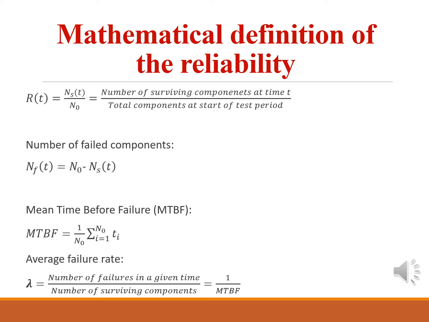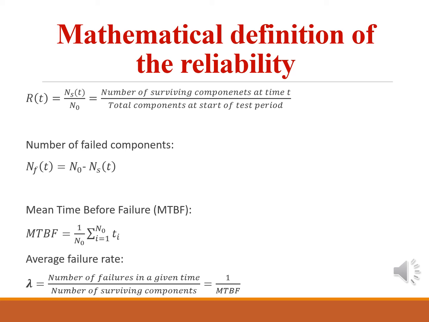But from the engineering viewpoint, what we need to know is the probability of any one of the available components failing, which is related to the mean time before failure, MTBF. And the average failure rate, which is represented using lambda, is the reciprocal of the mean time between or before failure.